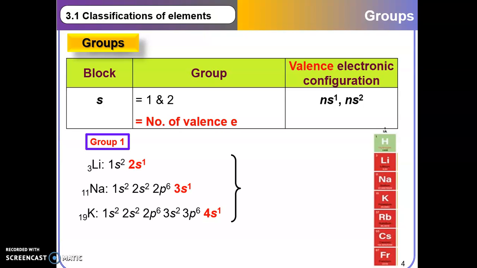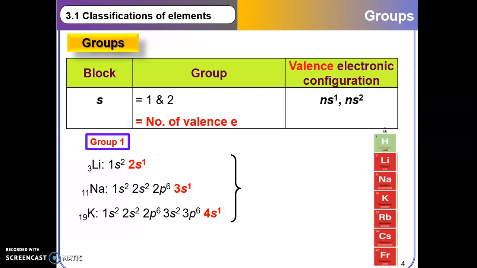Based on the electronic configuration given here, first of all, we have to determine the block of the elements. We refer to the highest energy orbital.